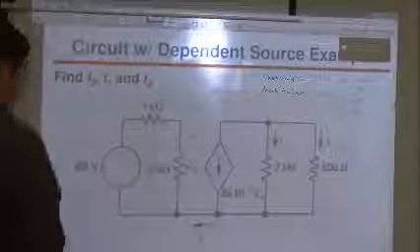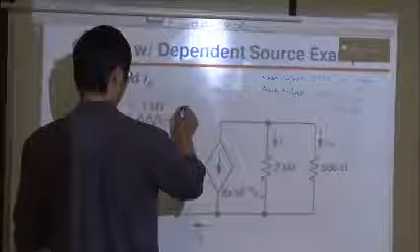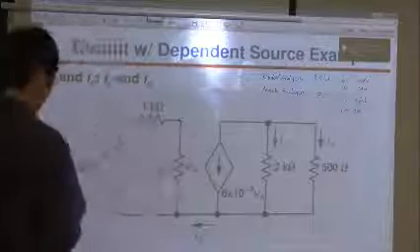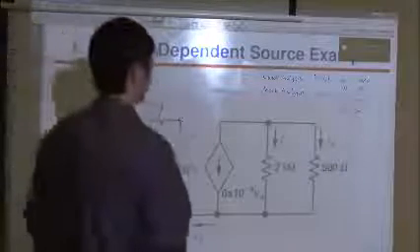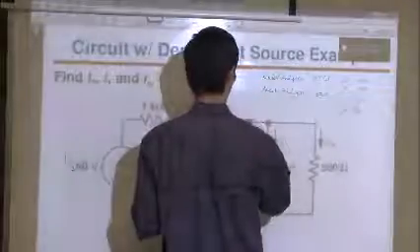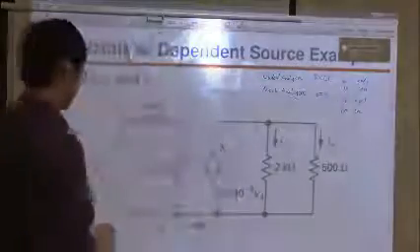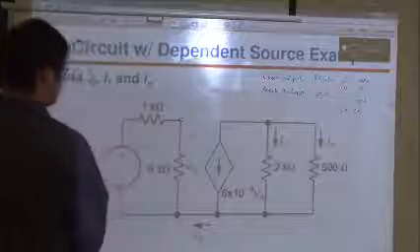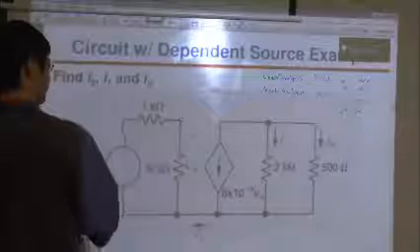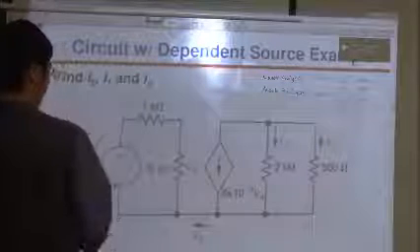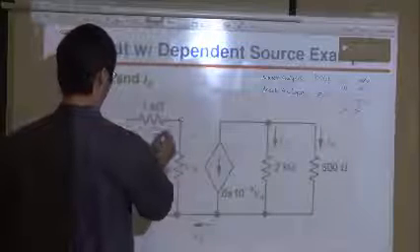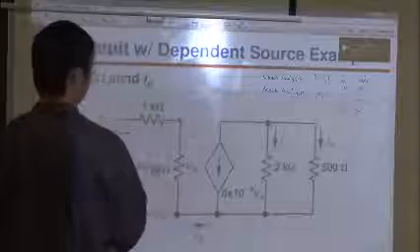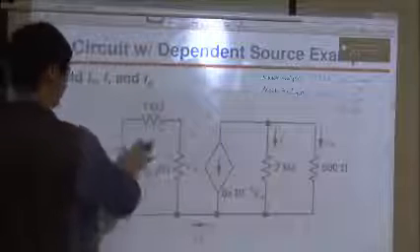So we label this as 1. Let's call this Vs. This is node 1 and node 2, and this is ground. So for nodal, we then write a KCL, right? We need to find out the current of this one and the current of this one.